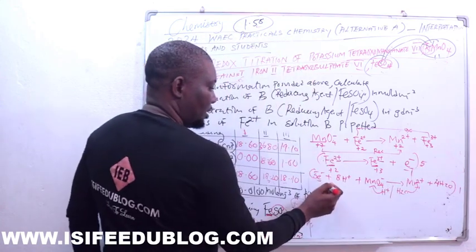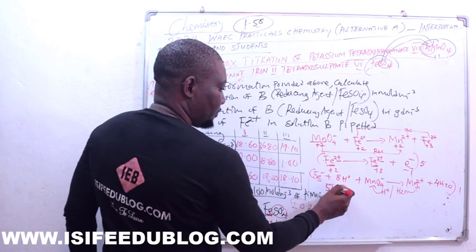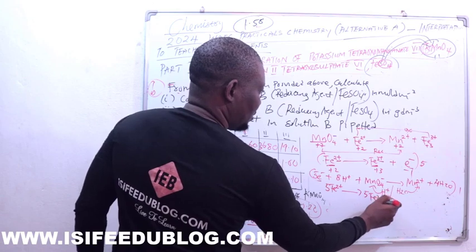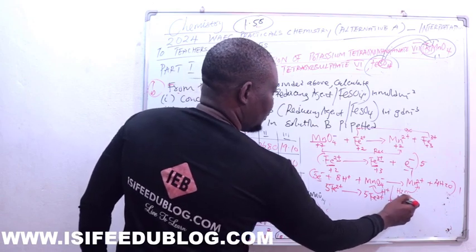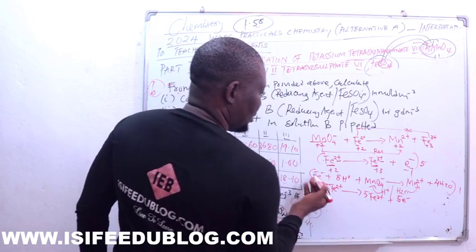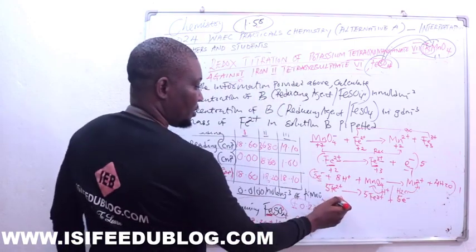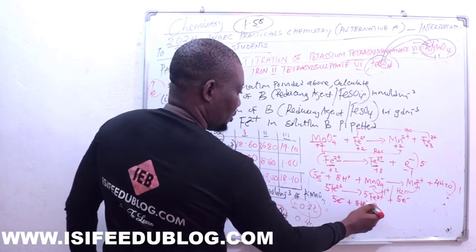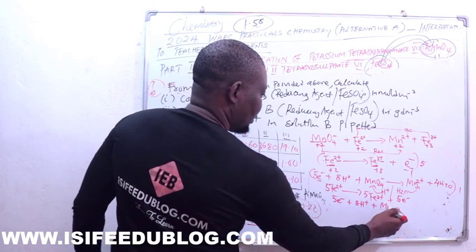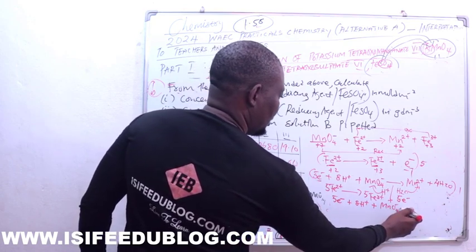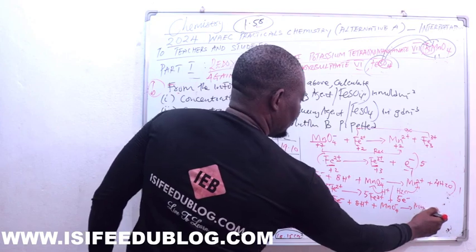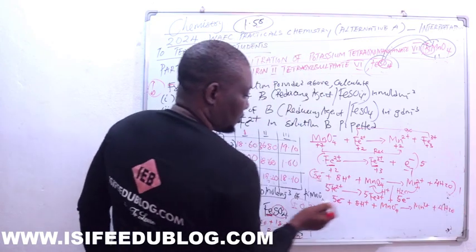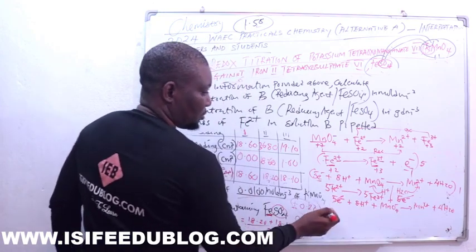So 5Fe2+ gives 5Fe3+ plus 5e minus, and 1 MnO4 minus plus 5e minus. It doesn't look like it to be all the same, but that's part of the equation. In all of this, it is just to get rid of the free electrons.